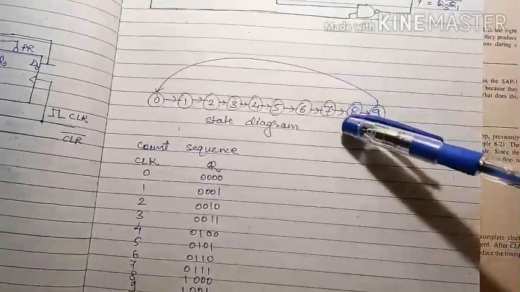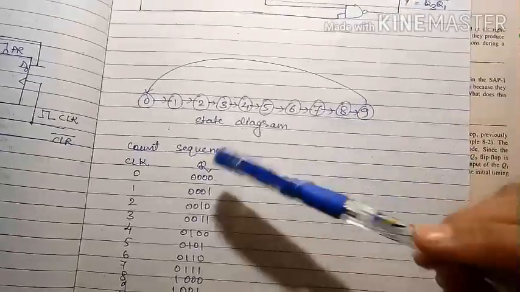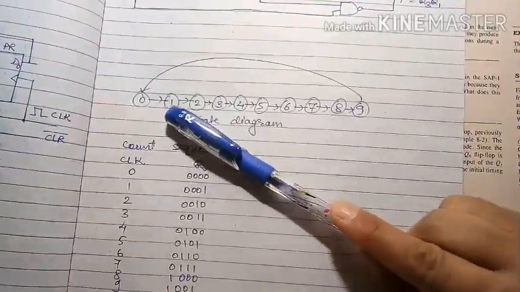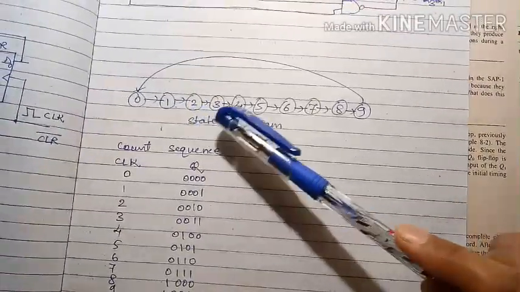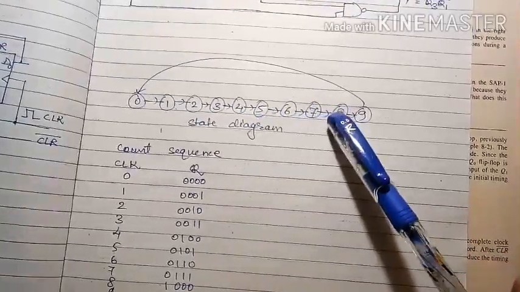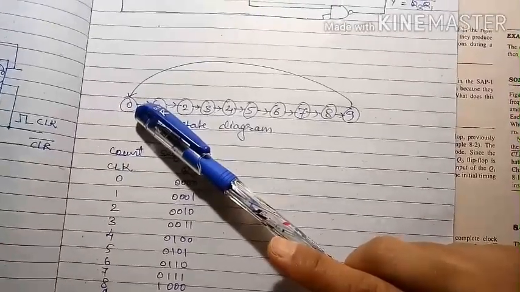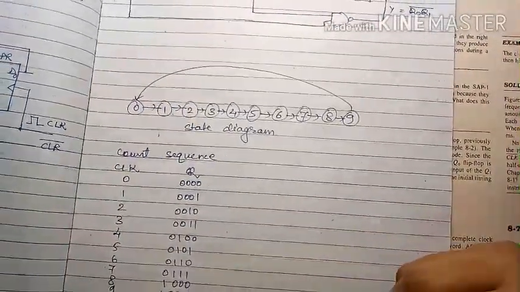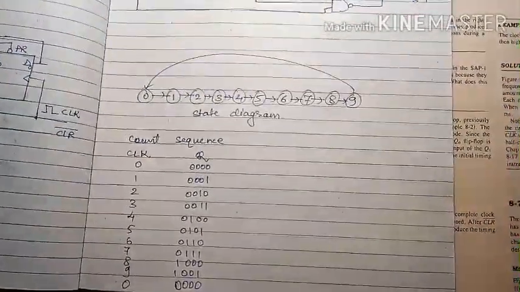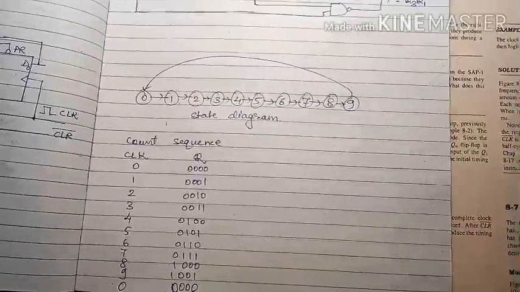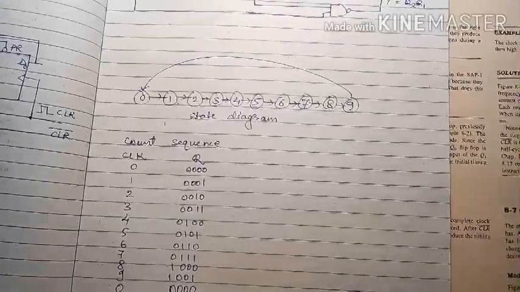Here we have drawn the state diagram of the decade counter. You can see how it is going. State 0 to state 1, 1 to state 2, then 2 to 3, 3 to 4, 5, then 6, 7, 8, and after 9 it again moves on to the first state, 0. The circuit skips the states from 10 to 15, that is 1010 to 1111.